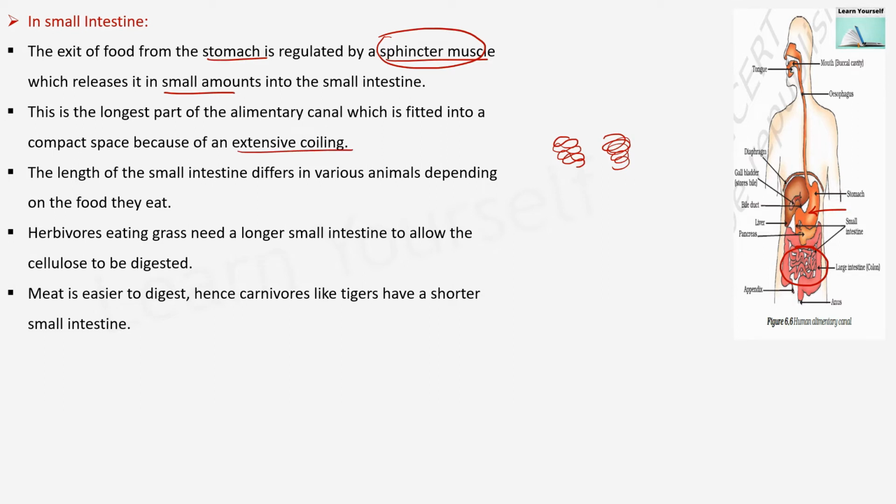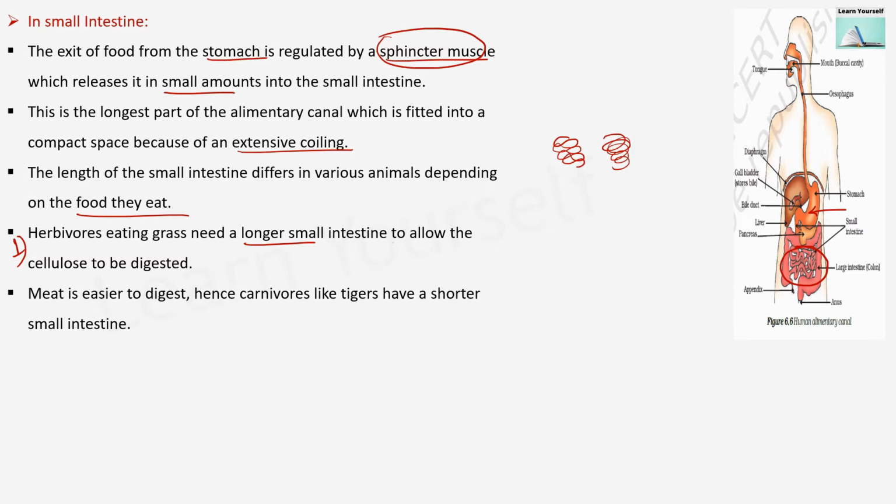The length of the small intestine differs in various animals depending upon the food they eat, because different types of food require different types of attention and digestive methods. First, the herbivorous animals eating grass need a longer small intestine to allow cellulose to be digested.